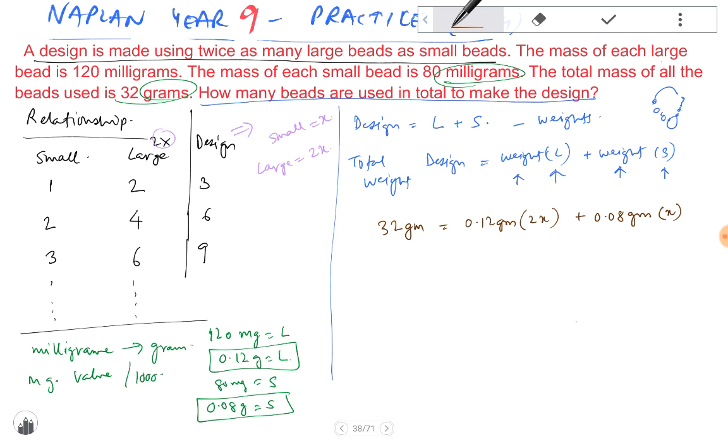And then we simply solve this equation, so we get 32 is equal to 0.12 multiplied by 2x plus 0.08 multiplied by x.